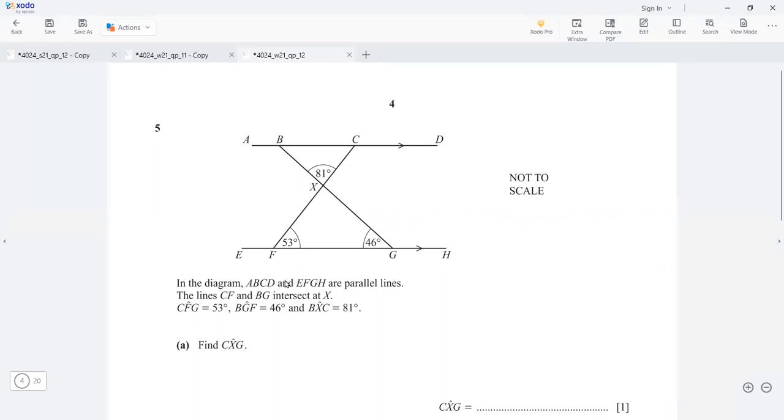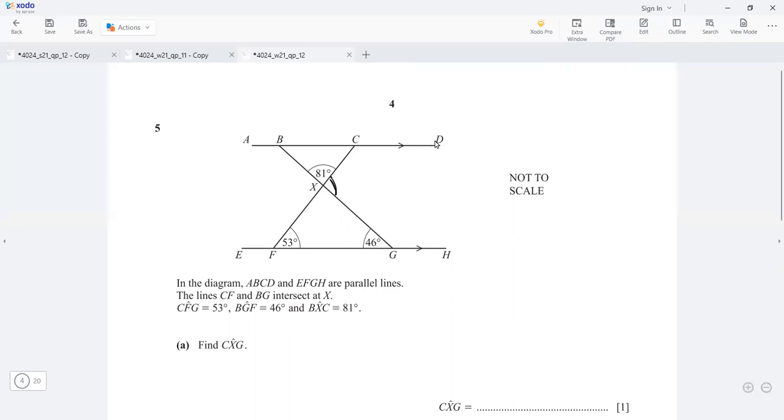These can also be given as statements in the question. We have to find angle CXD. First of all, figure out where it is lying. This is the angle we have to find. Look at this line BXG.